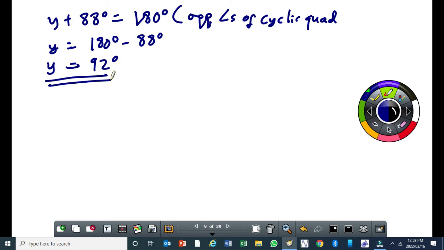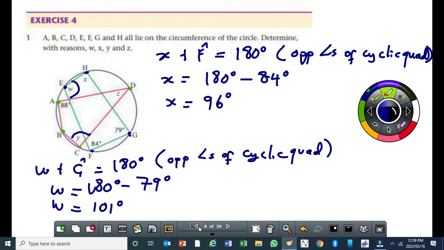Then I think we have a small problem here. Look at the diagram. We have this angle here, that is angle B, plus angle Z. They must give us 180 degrees. But unfortunately, angle B is not given.